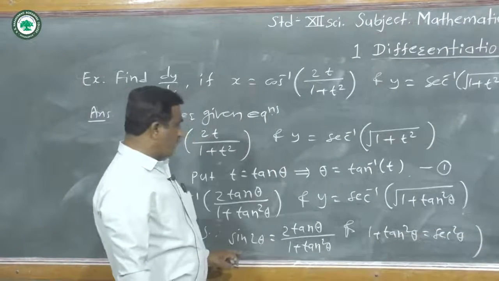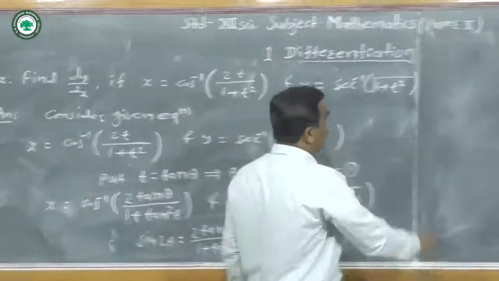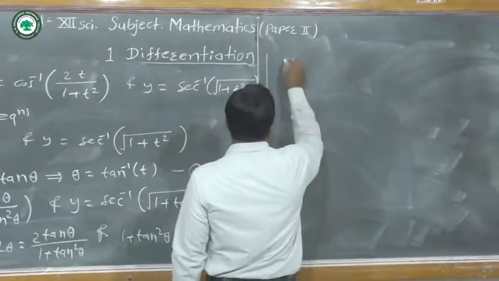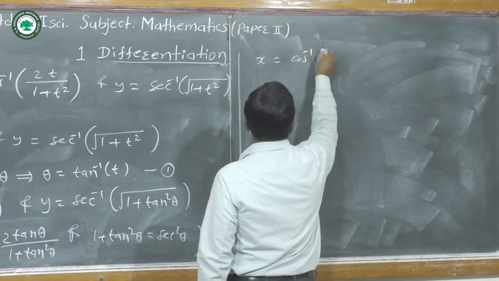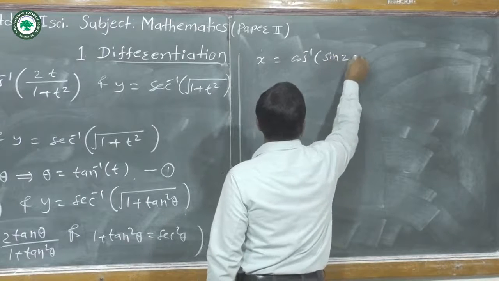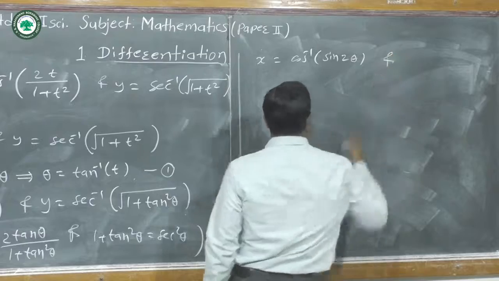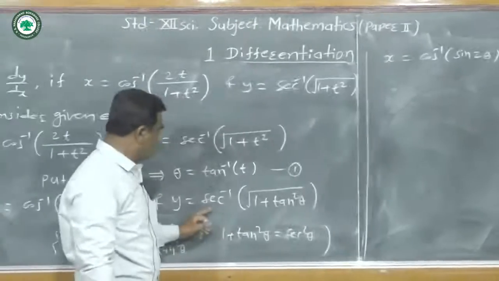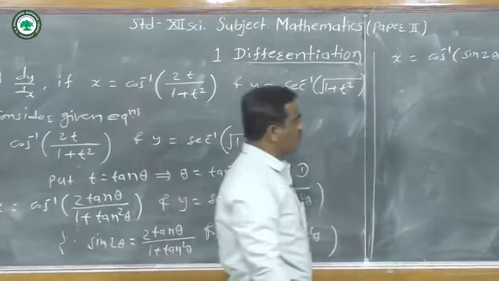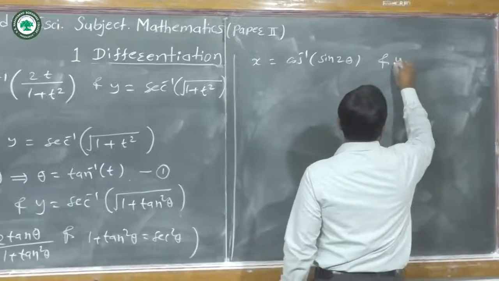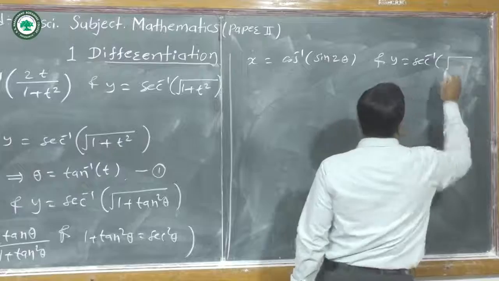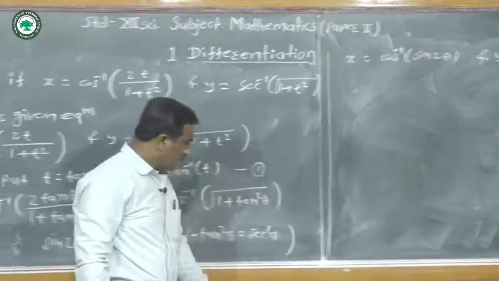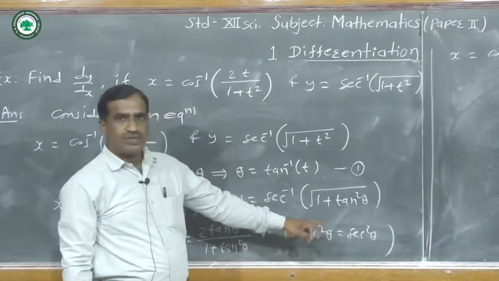Using these two formulae we can write here x is equal to cos inverse of sin 2 theta, and y is equal to sec inverse of under root 1 plus tan square theta, which is sec square theta.